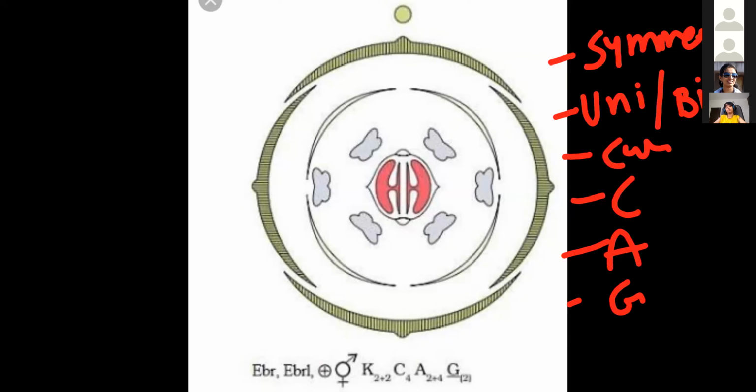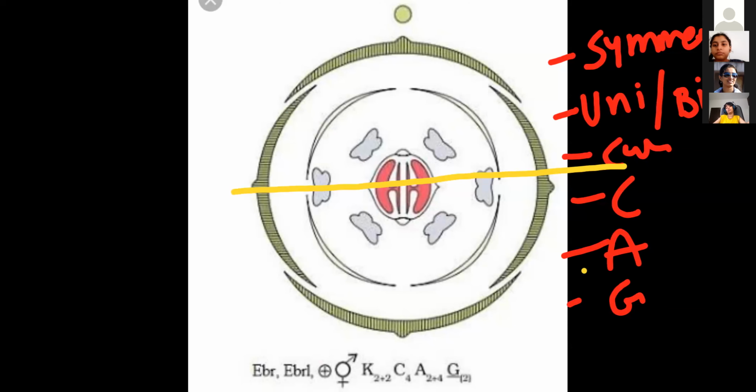See, if I cut this flower by this axis, it can be divided into two equal halves, right? If I cut it along this axis, in this way, again it becomes two equal halves.